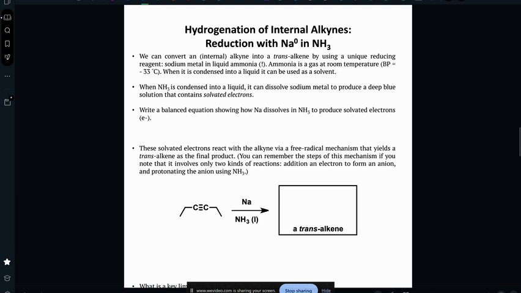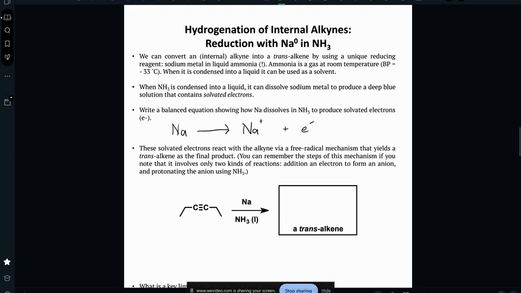Now, ammonia is a gas at room temperature, so you need to condense it to a liquid at a very low temperature. And then you can dissolve sodium metal in it. When you dissolve sodium metal in it, essentially the sodium metal becomes sodium plus and free electrons.